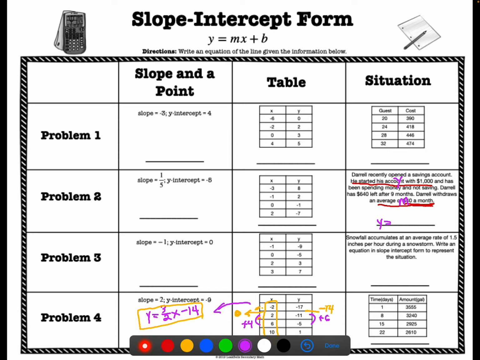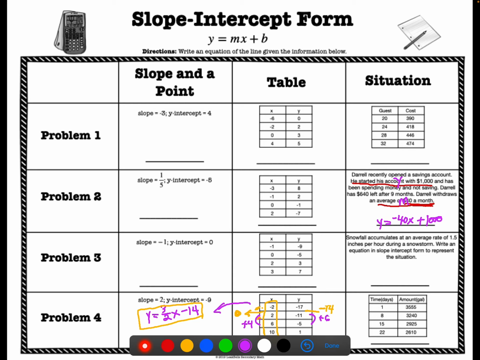So if he decreases by $40 a month and he starts with 1,000, our slope is not positive 40 because he's not adding to the account. He's taking away. So this becomes negative 40x plus 1,000 because he starts with 1,000. All right, I'm going to leave this third one to you, but let's go to problem number 4.